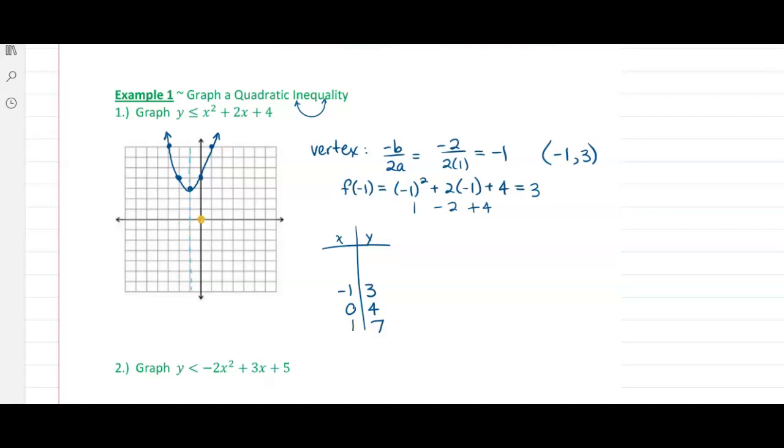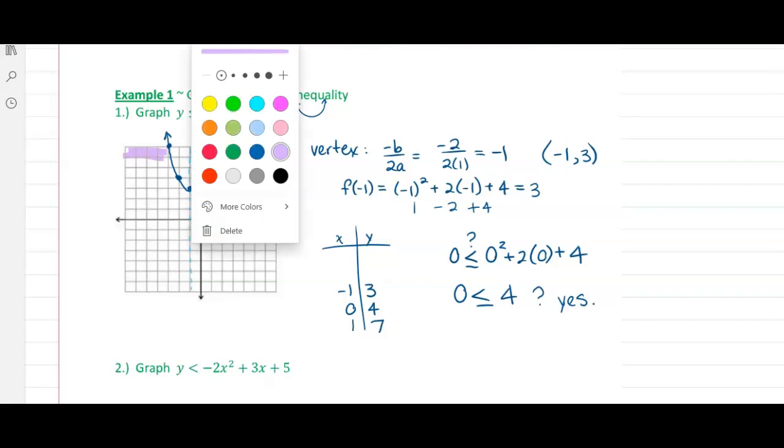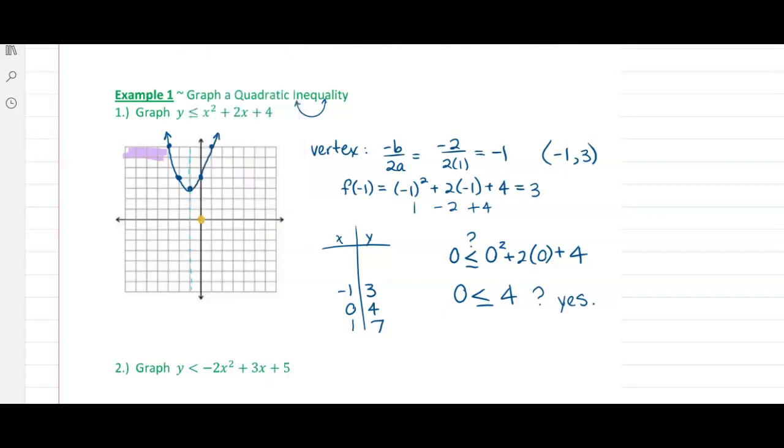When I use this test point, I have is 0 less than or equal to 0 squared plus 2 times 0 plus 4. Is 0 less than or equal to 4? Yes. So we would shade where 0, 0 is. We would shade this test point. We shade underneath the parabola.